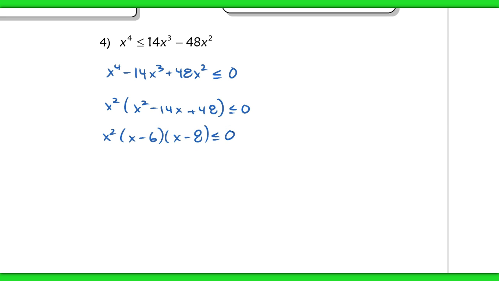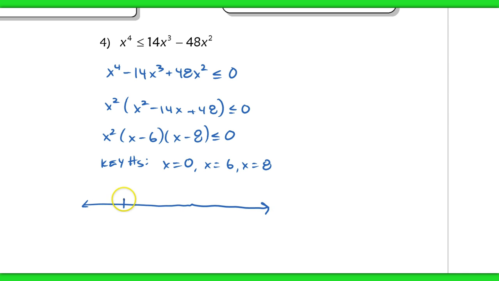Okay, so from here we have 3 key numbers. Our key numbers are x equals 0, x equaling 6, and x equaling 8. So what I'm going to do, and you always have to do this in order to see where your intervals are at, I'm going to create a number line and I'm going to place 0, 6, and 8 on that number line.